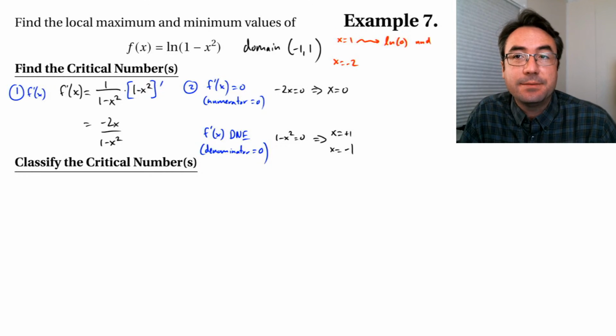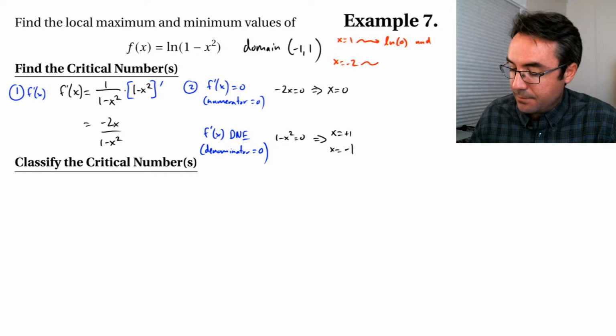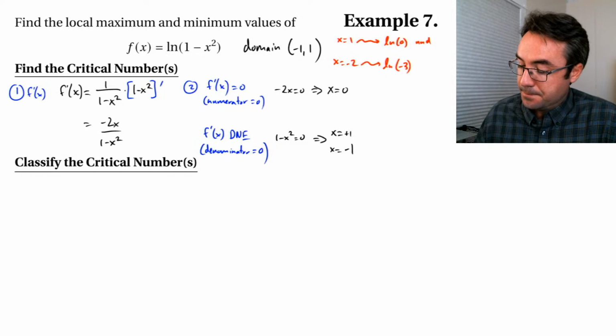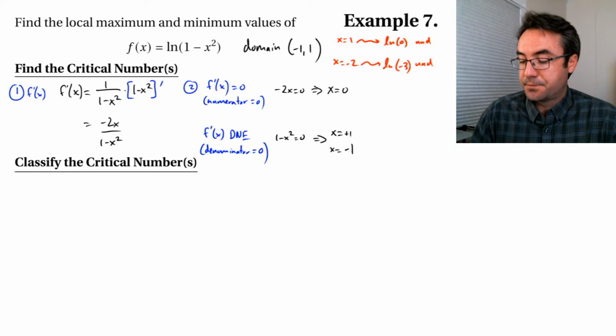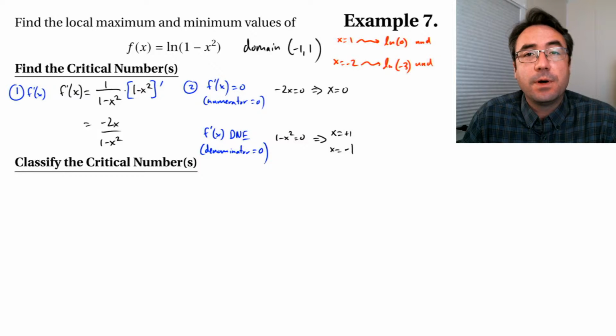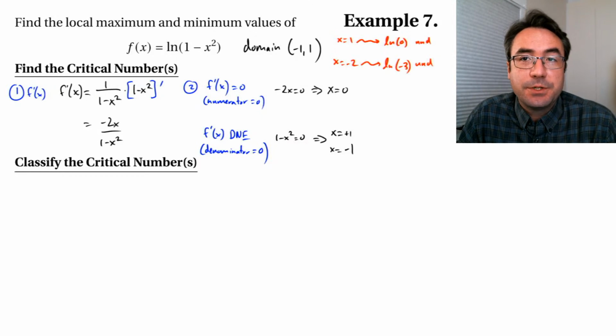Plug -2 in, and we'd get natural log of -3, which is undefined. So anything outside that open interval from -1 to +1 is outside of the domain of our original function.